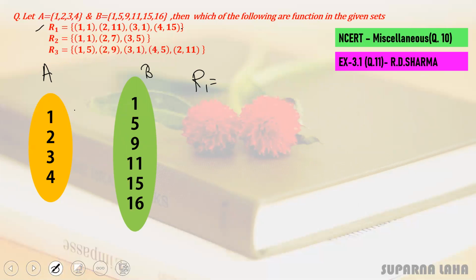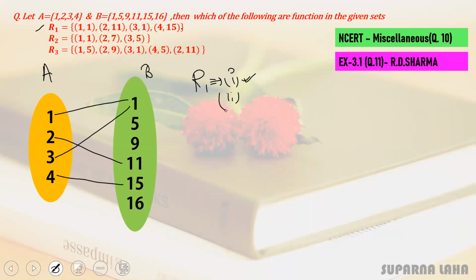Draw the diagram. 1 to 1, 2 to 11, 3 to 1 and 4 to 15. So every element has an image. So that means number 1 is satisfied.